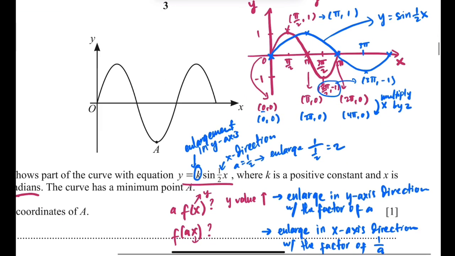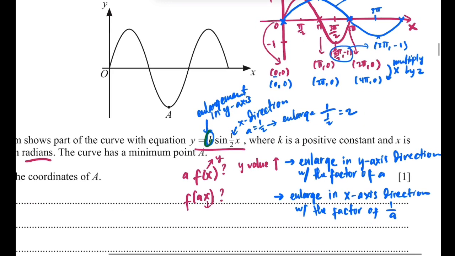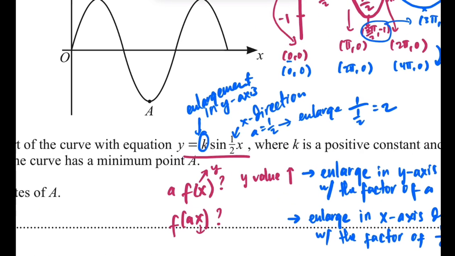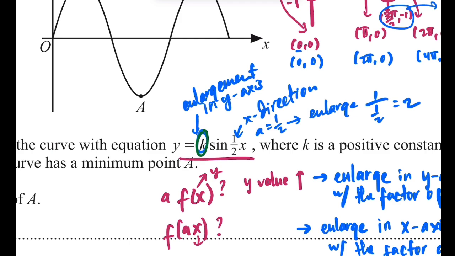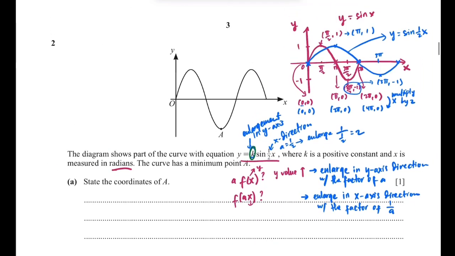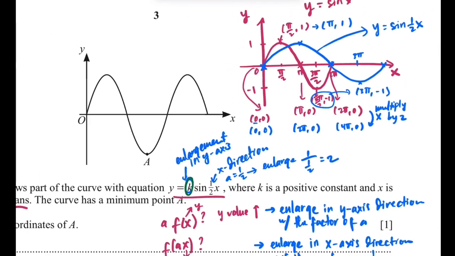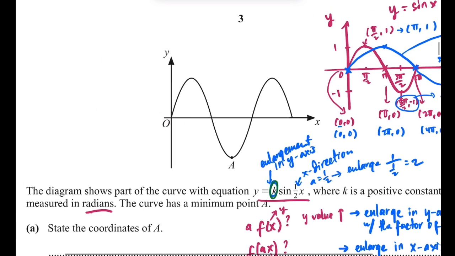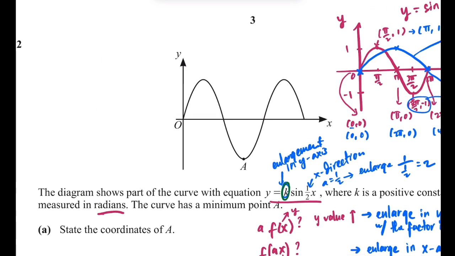Now we have k here. We still have k. I will use green now. Now, from this function, sine half x, I will rewrite it again here.